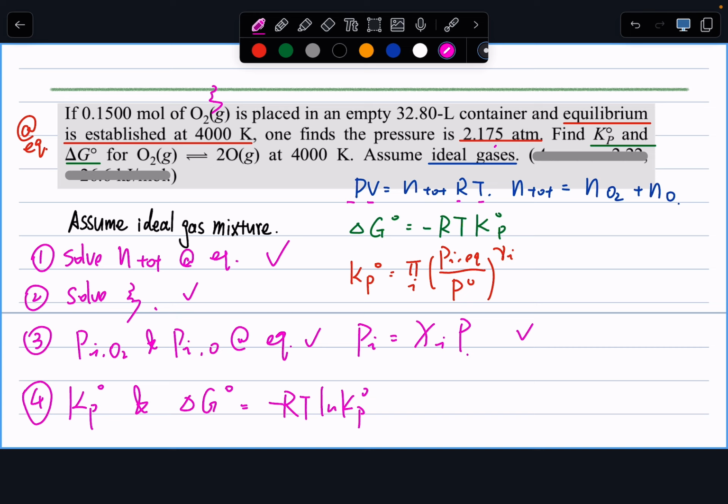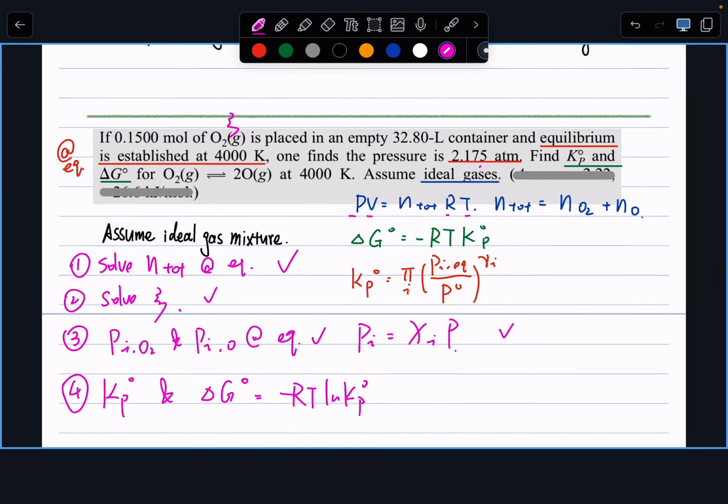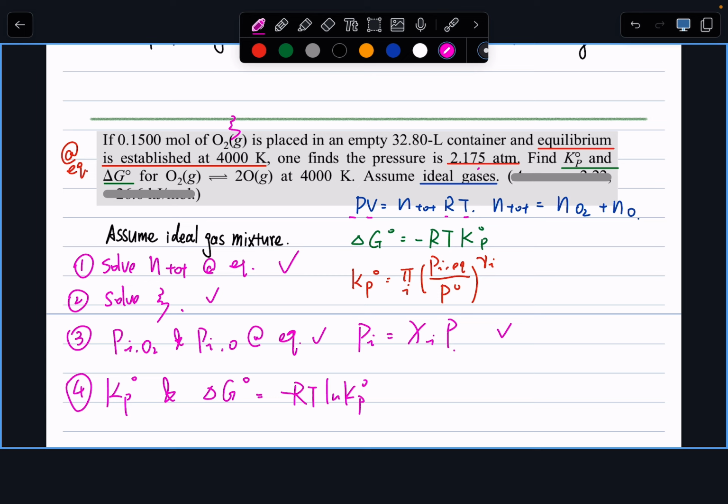And since eventually I want to divide my partial pressure by P naught, which is 1 bar, I'm just going to translate it into bar. You can do that whenever you like. So this partial pressure comes to be 0.8402 bar, and this goes to 1.364 bar. Okay, that's our goal 3. Now we have the partial pressure of my species.